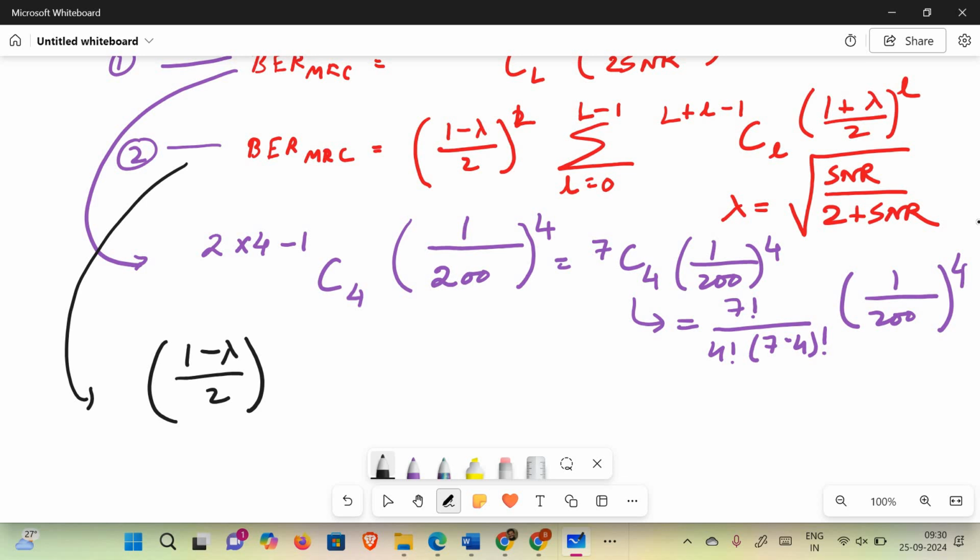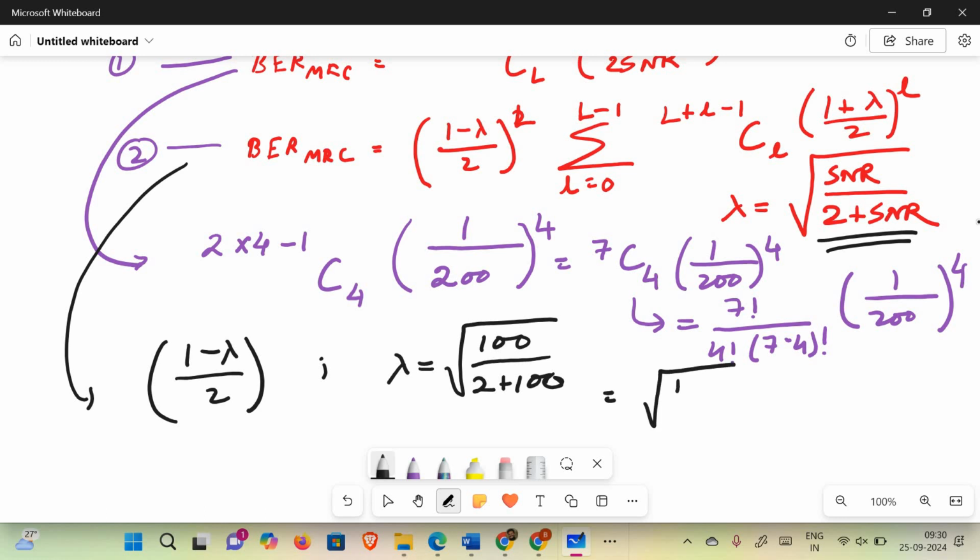For that, this value is square root of SNR, which is 100 by 2 plus 100. This is coming from the equation as given here. So we get square root of 100 divided by 102, which is around 0.9901. So substitute over here.